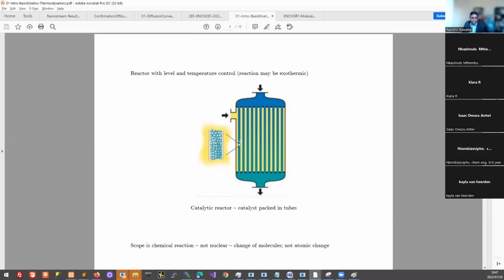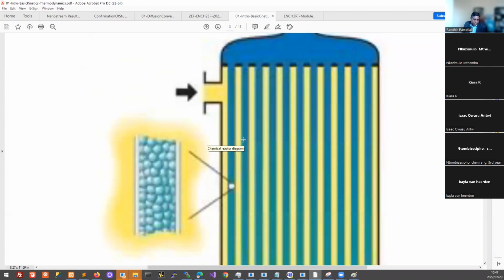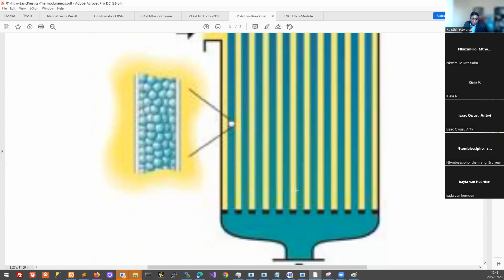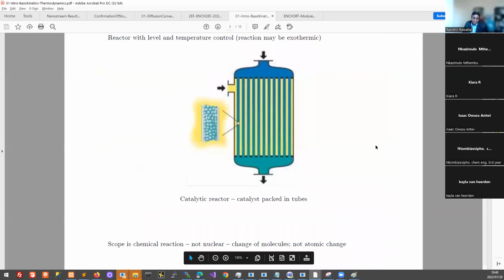If you zoom in on these beds, you can see they are packed with these particles. So these particles might be catalytic particles. And so the reactant is passing around them and reacting on those particles and hopefully giving us a product. And so the mixture of reactant and product comes out here.